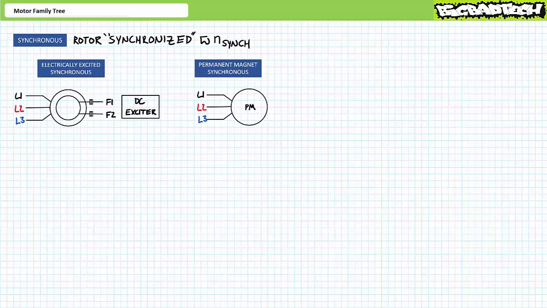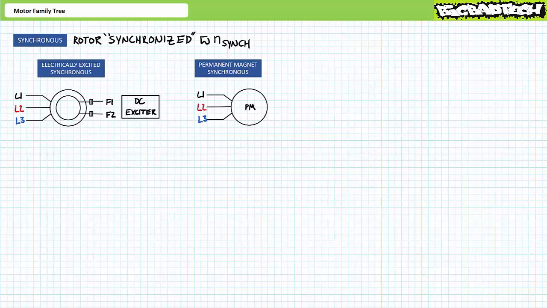Both of these types of synchronous motors feature a magnet on the rotor, the principal difference being how that magnet is established. As implied by their titles, an electrically excited synchronous motor necessitates an electrical connection to the rotor for the purposes of establishing an electromagnet, whereas a permanent magnet synchronous motor really does have a permanent magnet on the rotor and necessitates no additional accessory electrical connections.